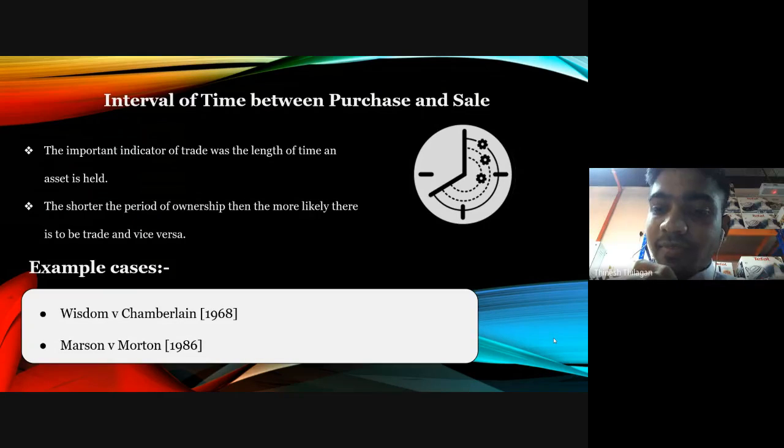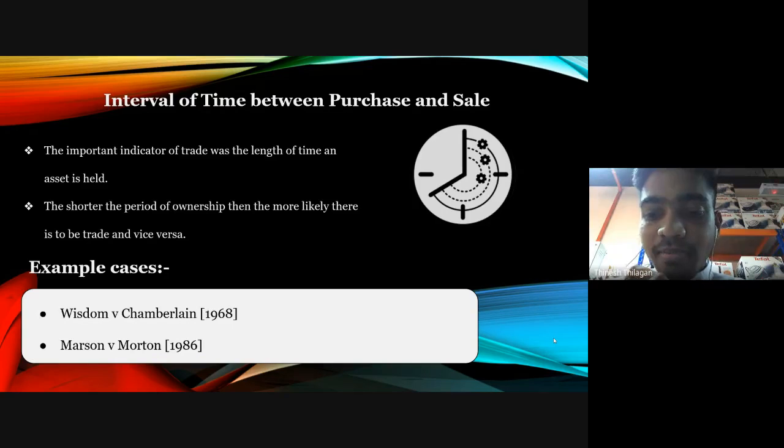This means that assets that are subject to trade will normally be sold very quickly, but not always. When someone holds an asset for a long time, there is more chance it is considered an investment, not a trade. But if you hold an asset for a shorter period, it can be called a trade.